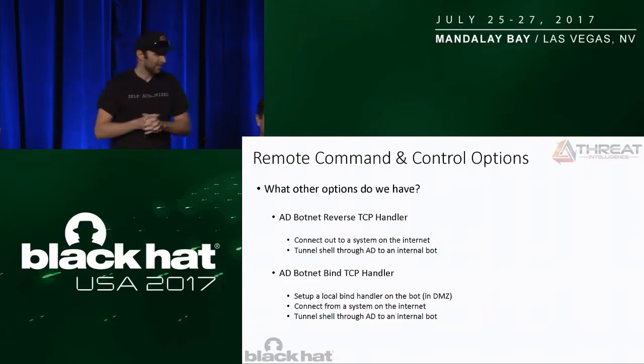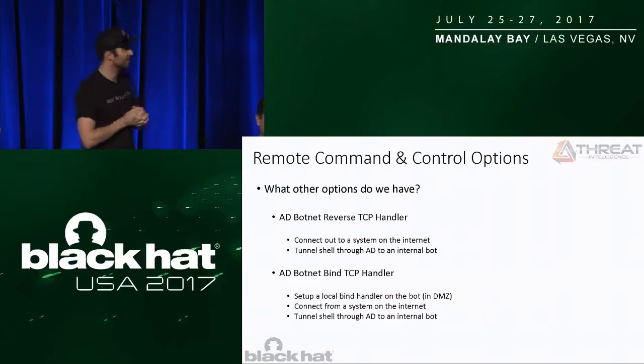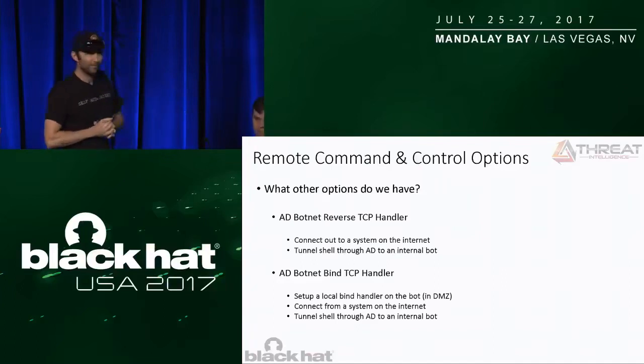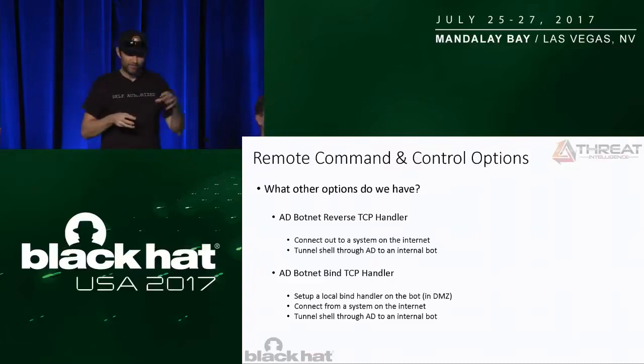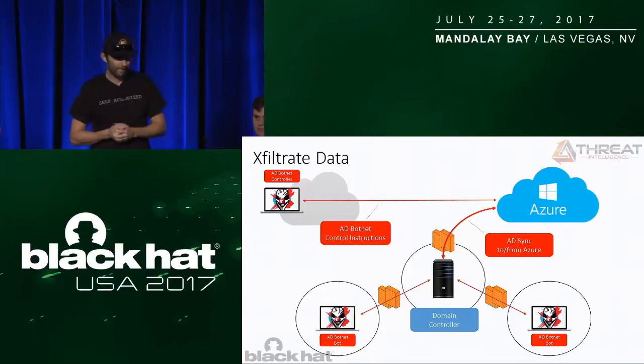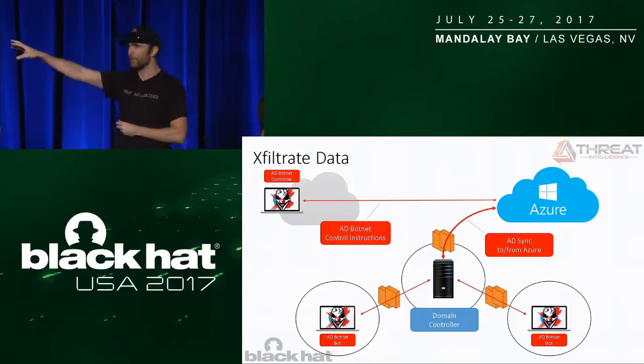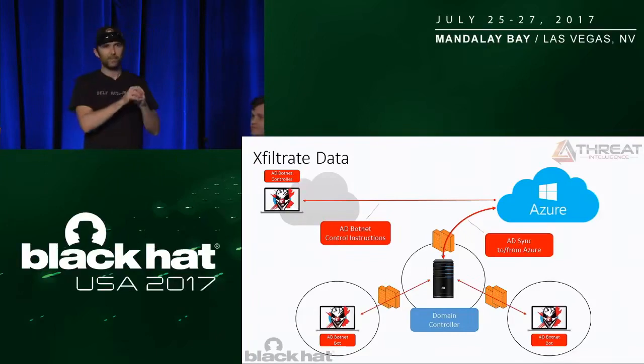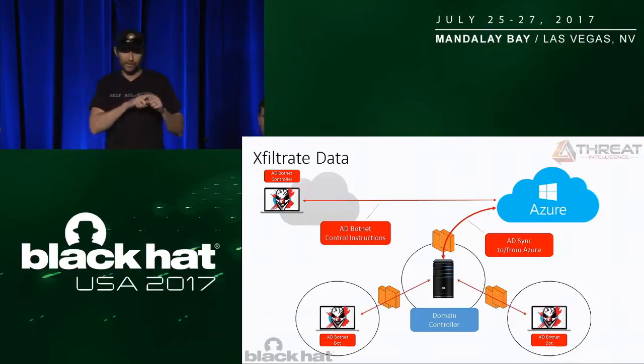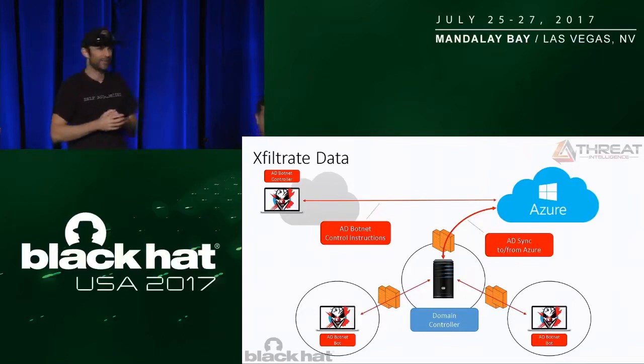Since our two-way communication channel got shut down through Azure AD, we wanted other command and control options. So we implemented an AD botnet reverse TCP handler. What this does is, if we go back to this, you could have your bot on the left-hand side issue the command that he wants to establish a connection back to our attacker out on the internet via a TCP channel.